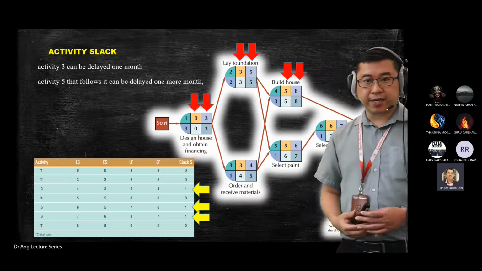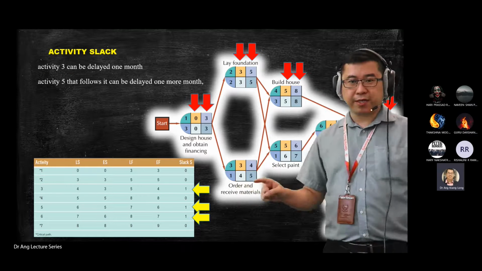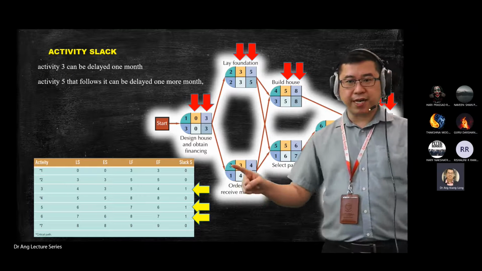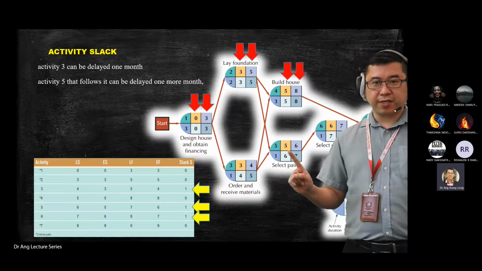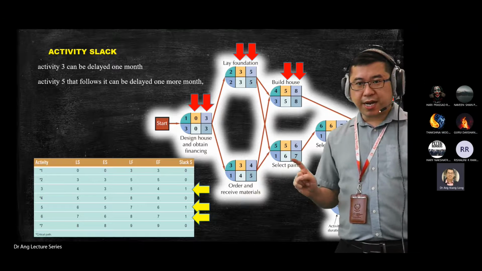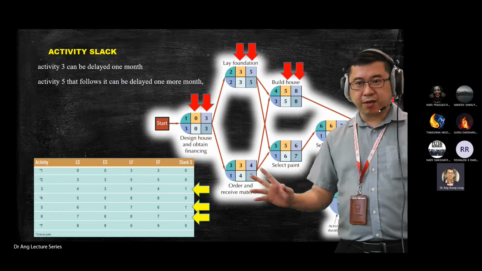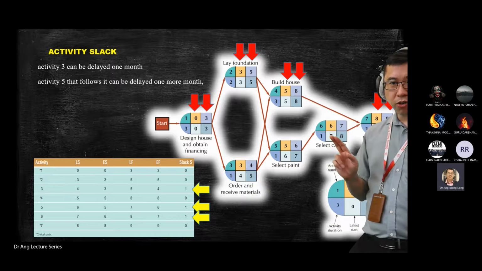So let's check. If you delay activity 3 by 1 month, this one we're going to drag to here. It allowed you to drag 1 month. It's like 1 empty room here, 1 empty room here, and 1 empty room here.